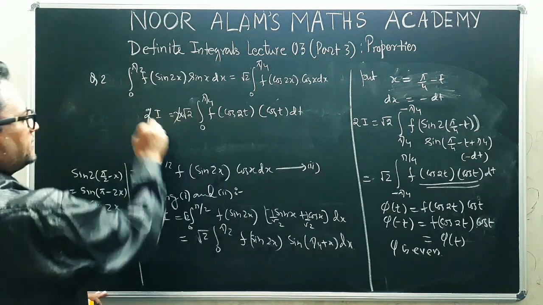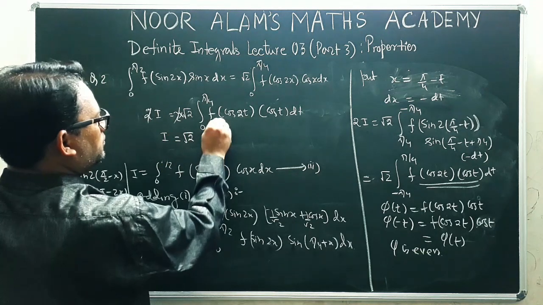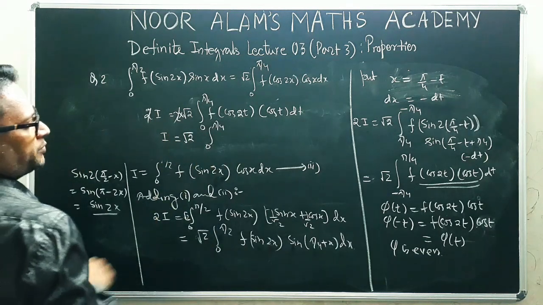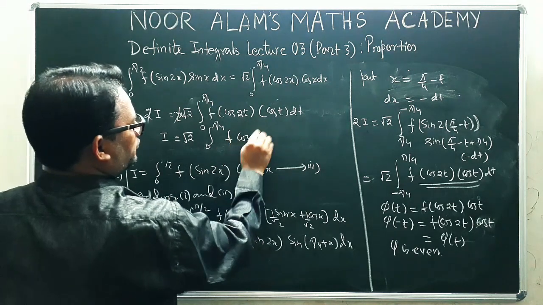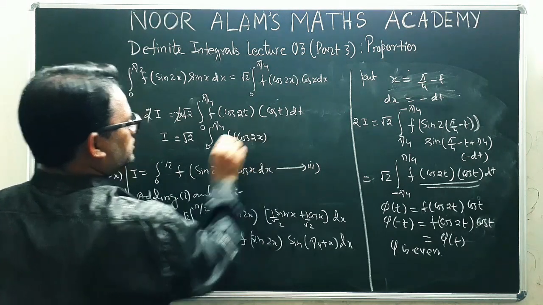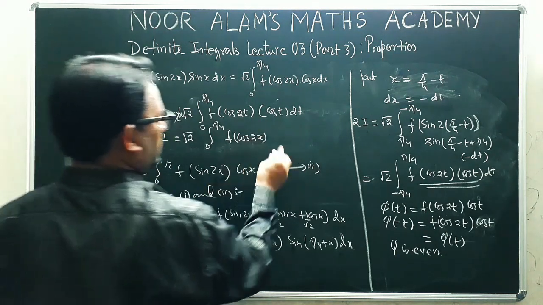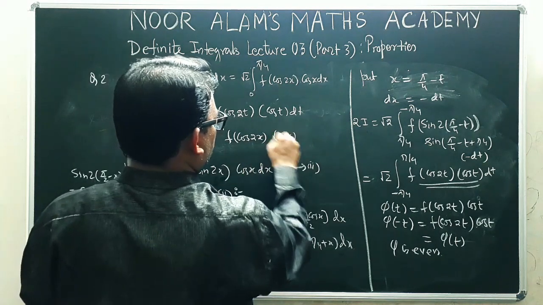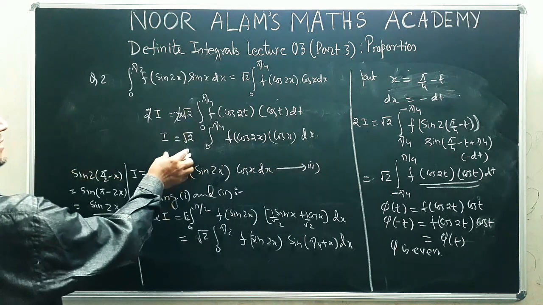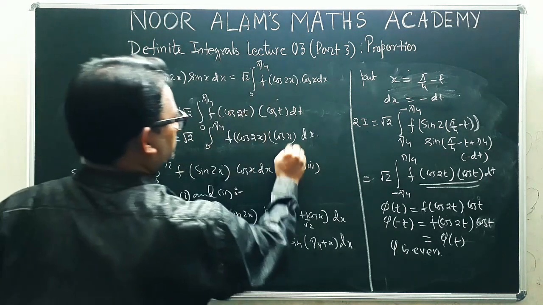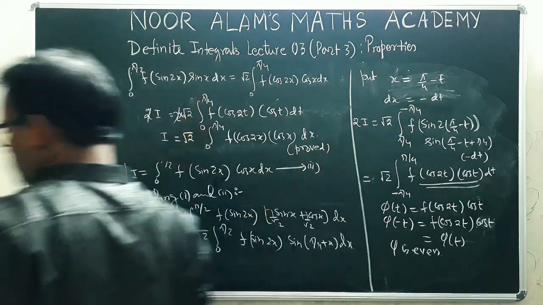Now these two cancel out, we get I equal to root 2 times integral from 0 to pi by 4 of f of cos of 2t. Now t we can write as x, because integration is independent of change of variable. Therefore this is the result that we wanted to prove. Hope all of you understand this result.